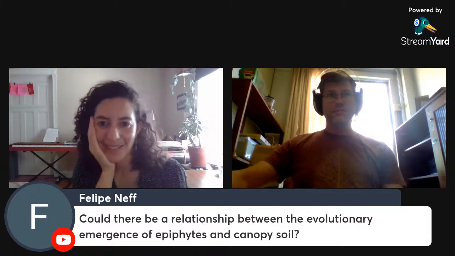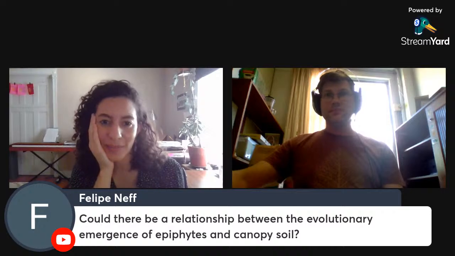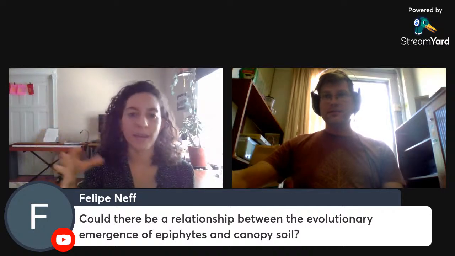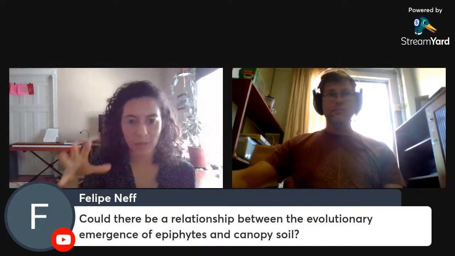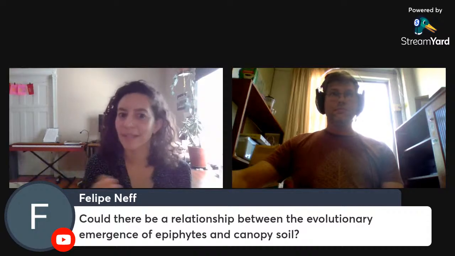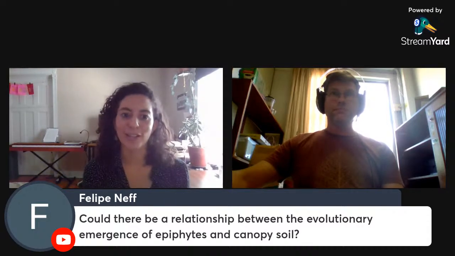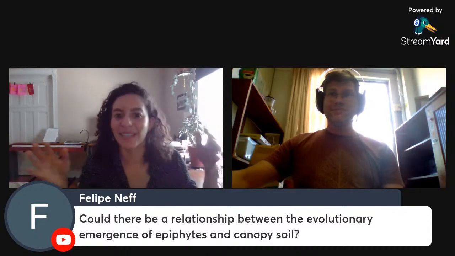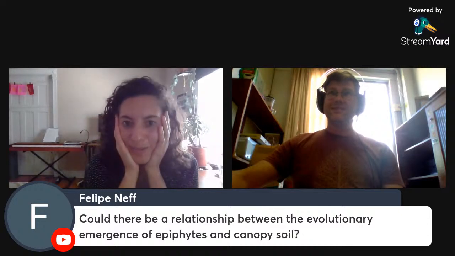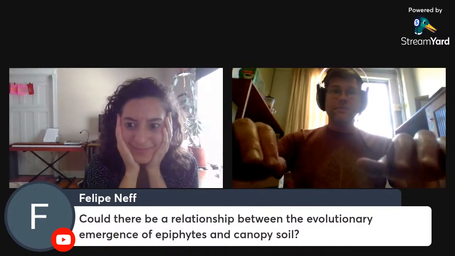Could be, not sure. It's all that organic matter that decomposes and accumulates over the branch. Eventually those epiphytes are going to die and be accumulated there, so they're part of the canopy soil.